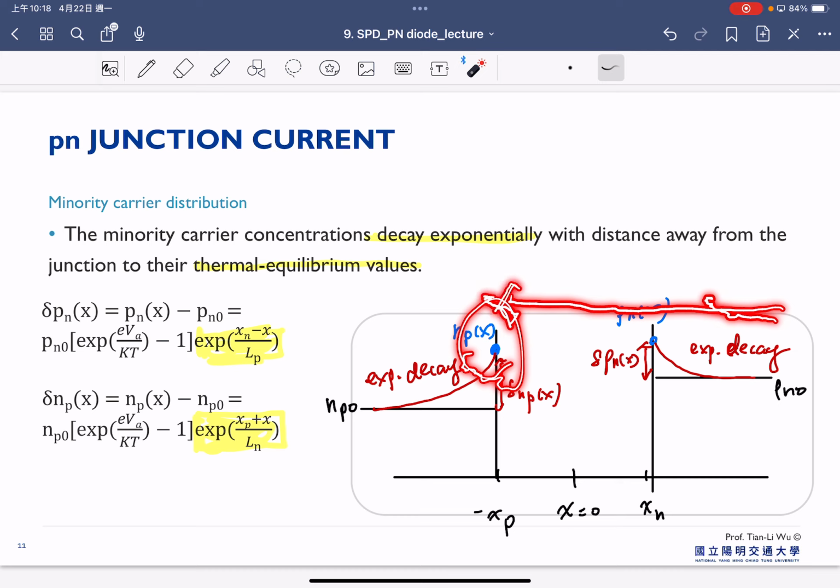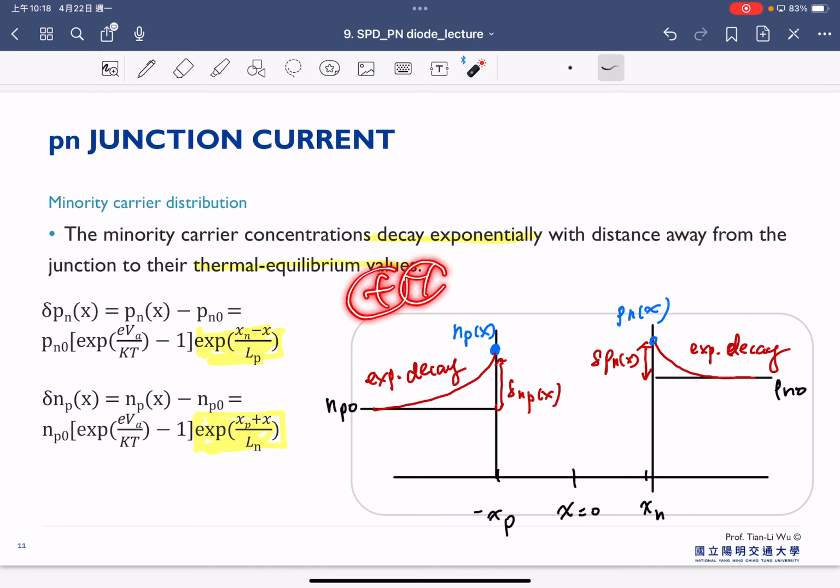But now the concentration of this excess carrier will start to decrease exponentially and finally reach the thermal equilibrium concentration. Also similarly, the holes here will start to flow, reach the end of our depletion region and become the excess minority carrier in the N region, and they start to decay exponentially, reaching the thermal equilibrium concentration.